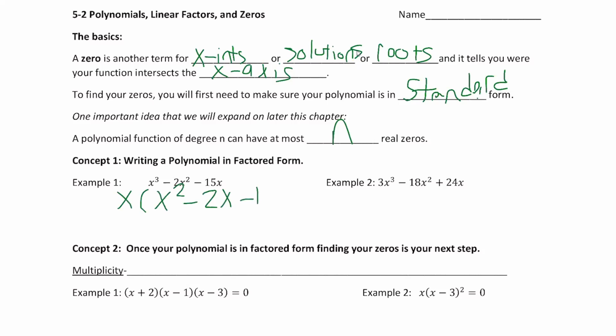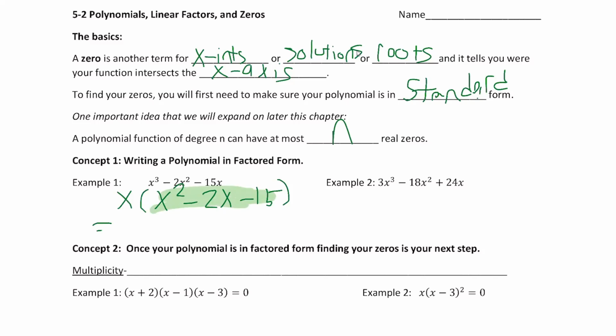So basically all your degrees or powers would go down by 1. And then you want to see what's inside here. Can we factor this down? It's a trinomial and it's a quadratic. So we could just check, is there anything that multiplies to -15 and adds up to -2? Well, that would be -5 and +3.